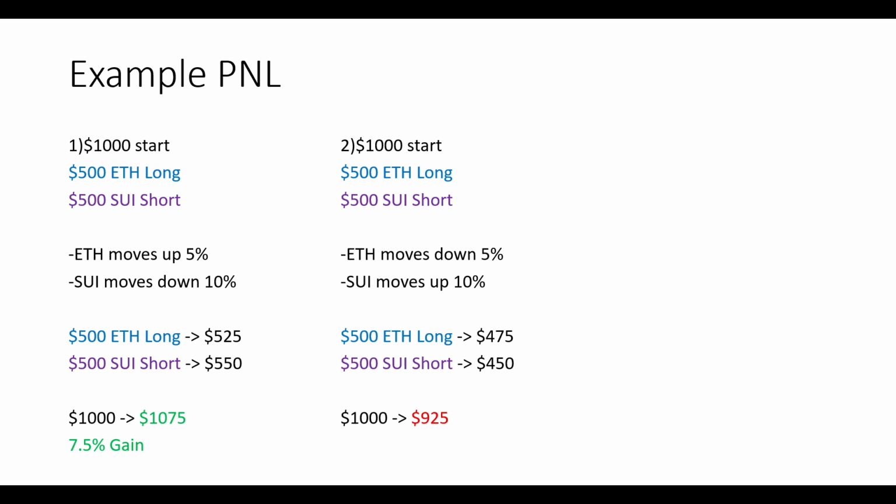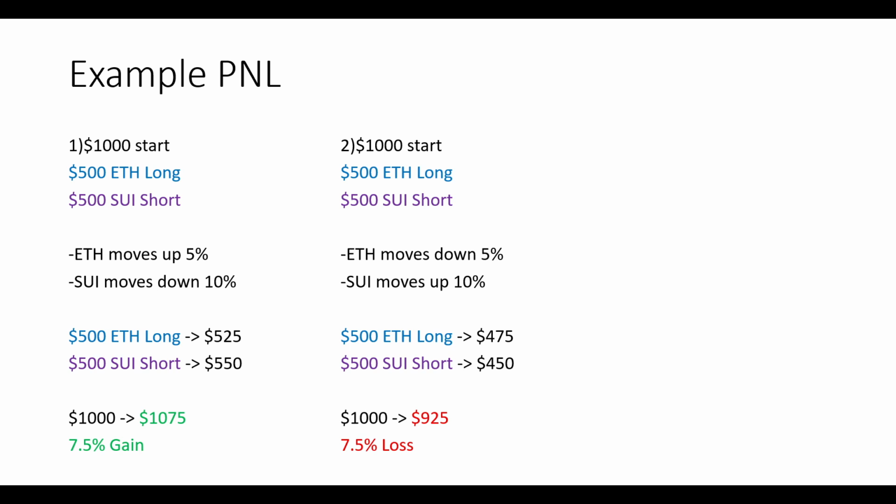Now we'll have another scenario here, where the opposite happens. ETH moves down 5% and SWI moves up 10%. So your ETH long is now $475 and your SWI short is now $450. That leaves you with $925 in your position value, and so that's a 7.5% loss. Now I'll throw in a third scenario here.